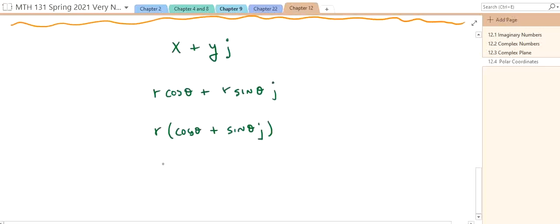And if we put actual numbers in here, we would have 5 times cosine of 53.1 plus j sine of 53.1. And we could just simply write that as 5 angle 53.1 degrees.